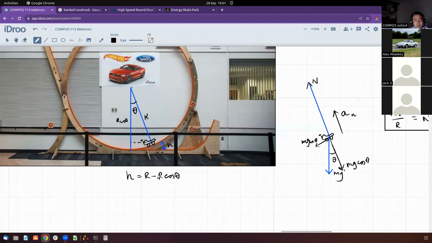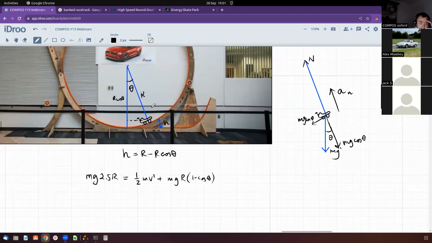So that's h. And we release it from height 2.5 r. So mg 2.5 r is equal to 1/2 mv squared plus mg r (1 minus cos theta). That's the conservation of energy.